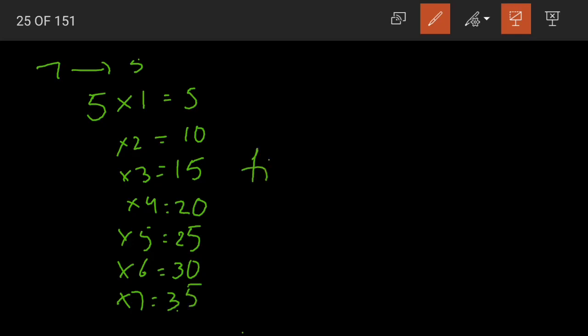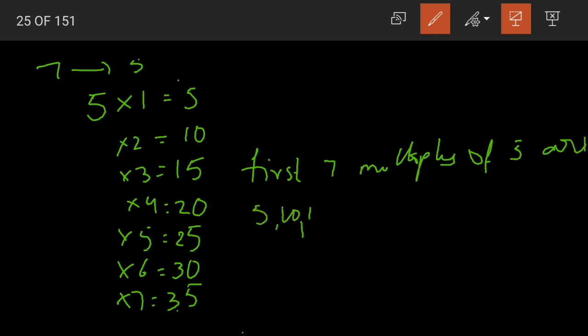Then you need to write the first 7 multiples of 5. What are they? The products 5, 10, 15, 20, 25, 30 and 35.